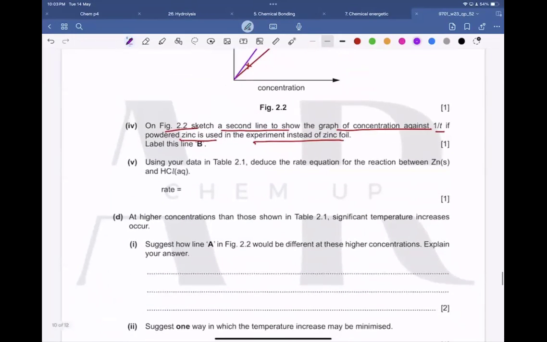Now, using your data table in 2.1, deduce the rate of reaction between zinc and HCl.